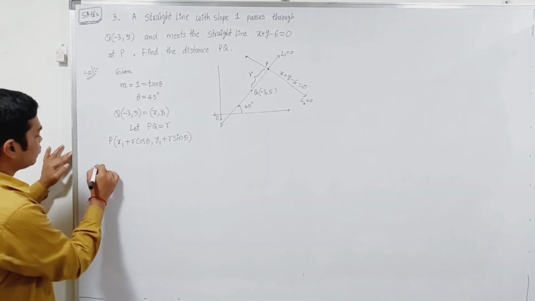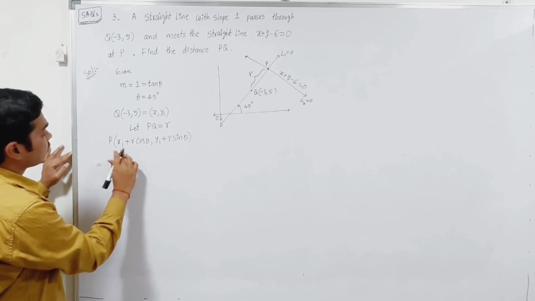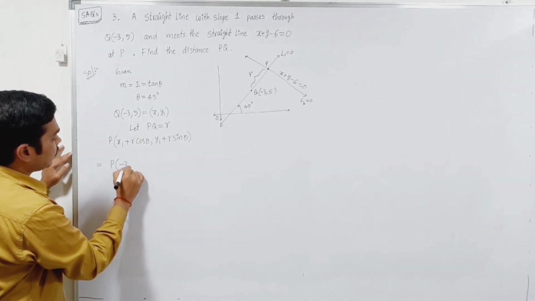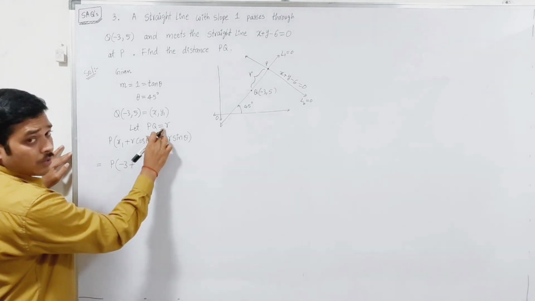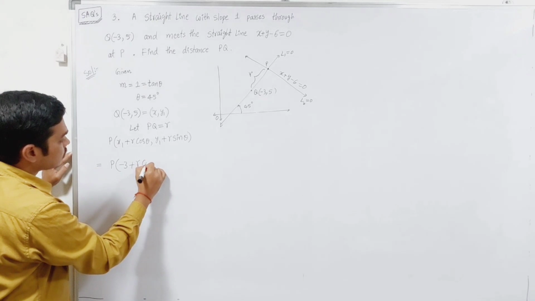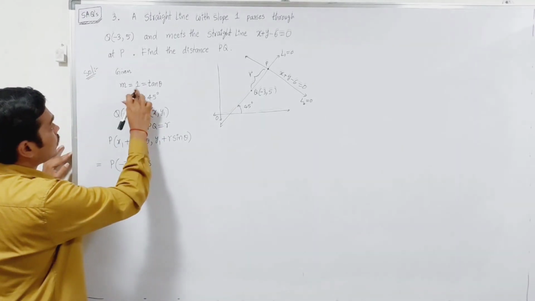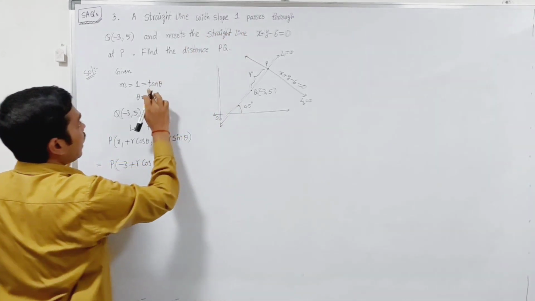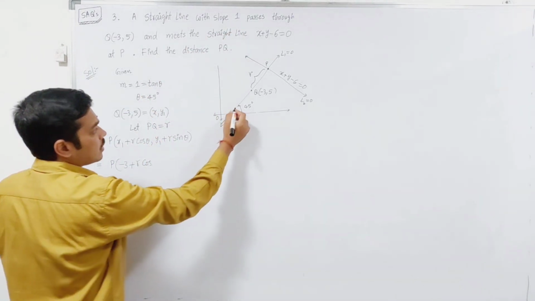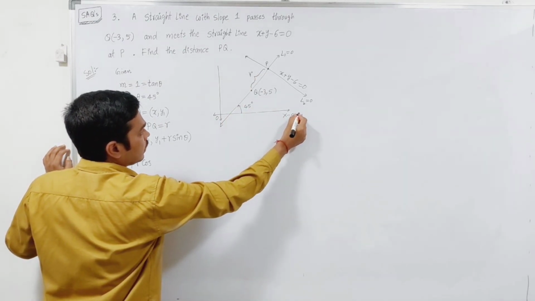Now apply the formula to find the coordinates of P. Here the given point is (x1, y1) = (-3, 5). You have to find the PQ distance, that is r, the unknown term. So x is -3 plus r cos theta. Theta is 45 degrees here, since the given slope is 1 means tan theta = 1, so the inclination of L1 is 45 degrees.